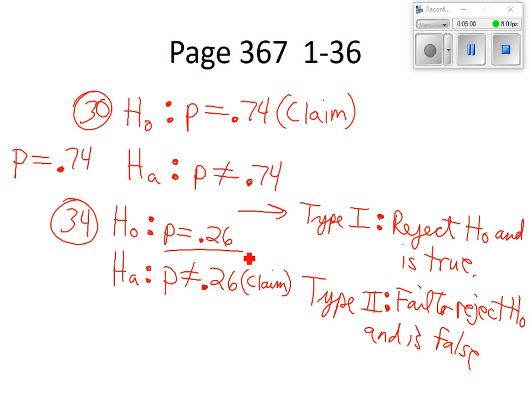And if it was a type 2 error, I'd say we failed to reject that 26% of the US owns a video game system, and it ended up being false. So for a type 2 error, we're saying, yeah, 26% is correct, and it ends up being not correct. But if you just wrote this on every one of those, 31 through 36 or whatever, that's all, just so you know what a type 1 error does, what a type 2 error does. Does that make sense?